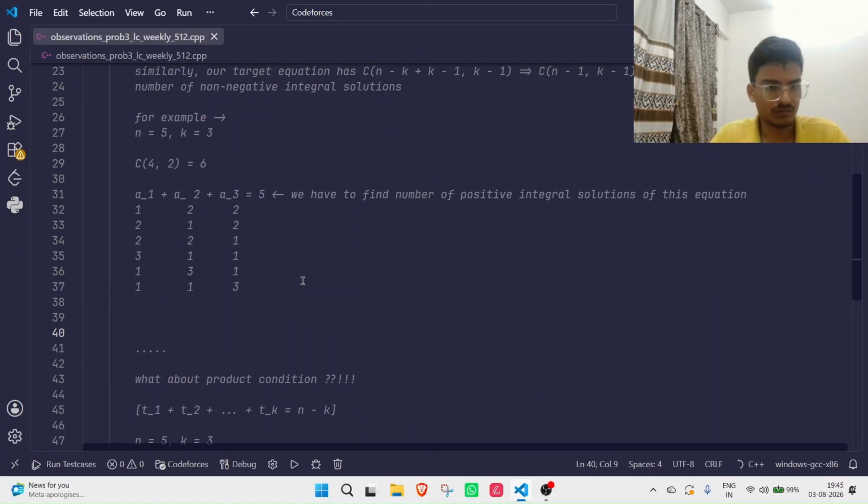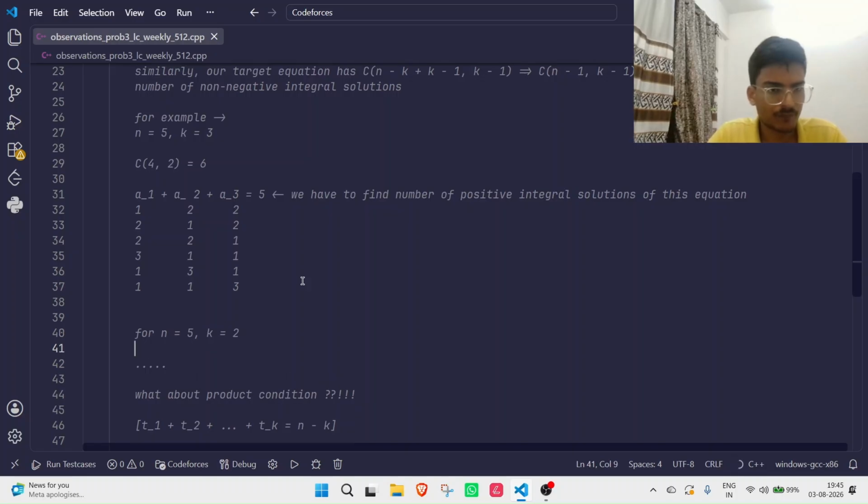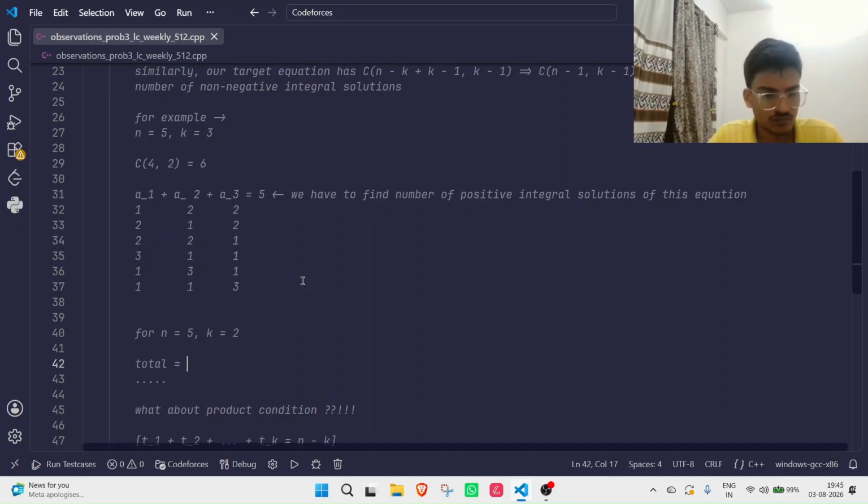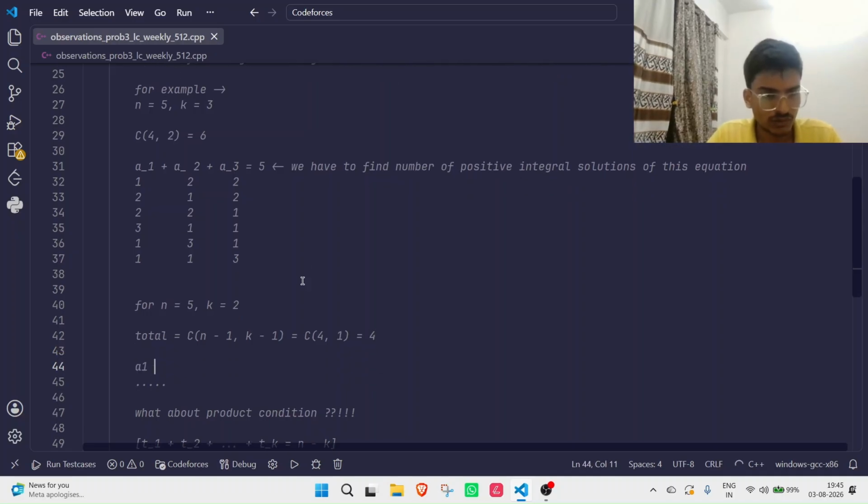Let's take some more examples. For n equal to 5, k equal to 2. The total is how much? You can write. 4 and 1, which is 5.